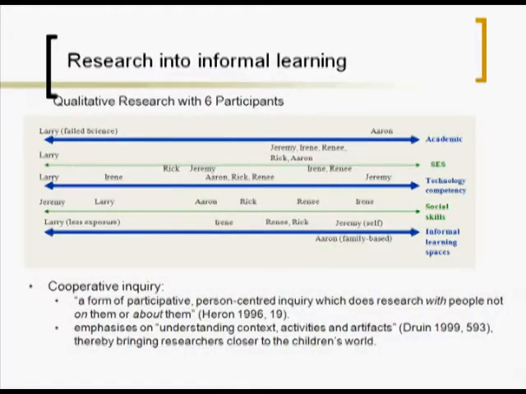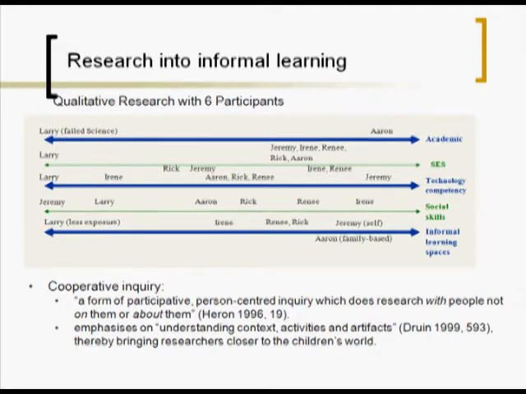Okay. So we identified 6 participants from the P3 class. We identified these 6 after rounds of observation in the classroom. And as you can see here, we chose them based on the maximum variety principle. So they have different academic ability, different SES background, technology competency, social skills, and informal learning spaces.